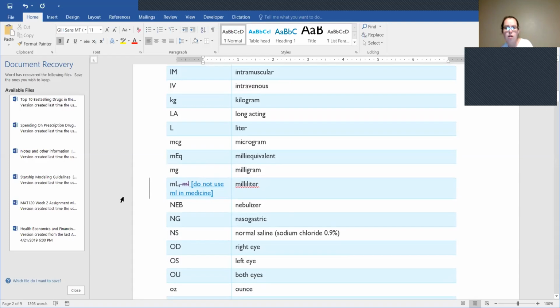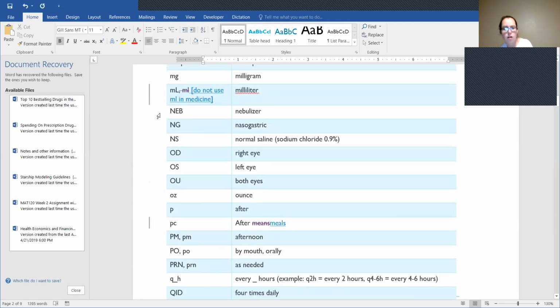We'll see various things like NEB for nebulizer. Some drugs are delivered through that mechanism, with warmed water, and the drug is delivered in that way. NG is a nasogastric tube, you probably know something about that. It is a way of putting liquids into the stomach.